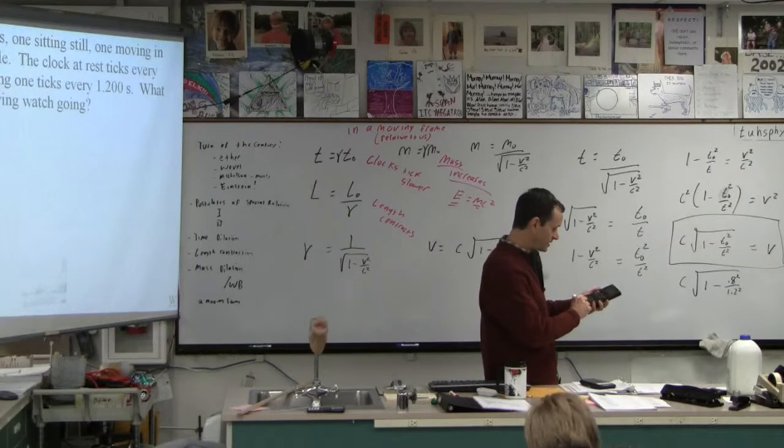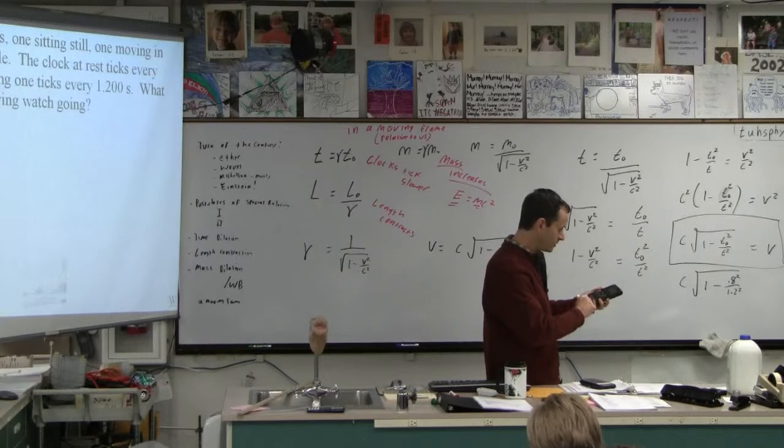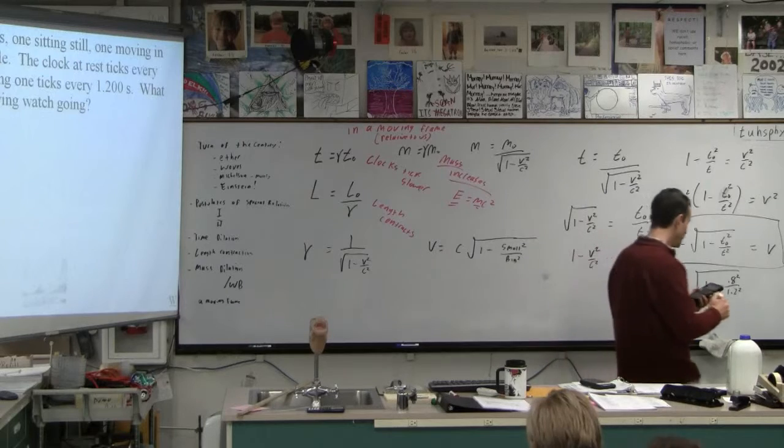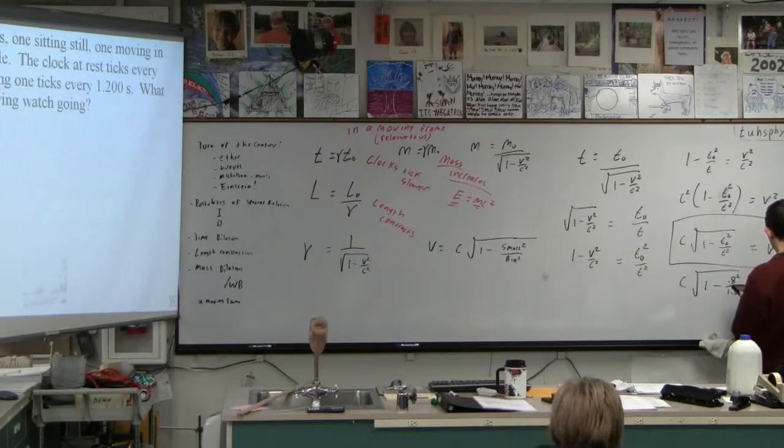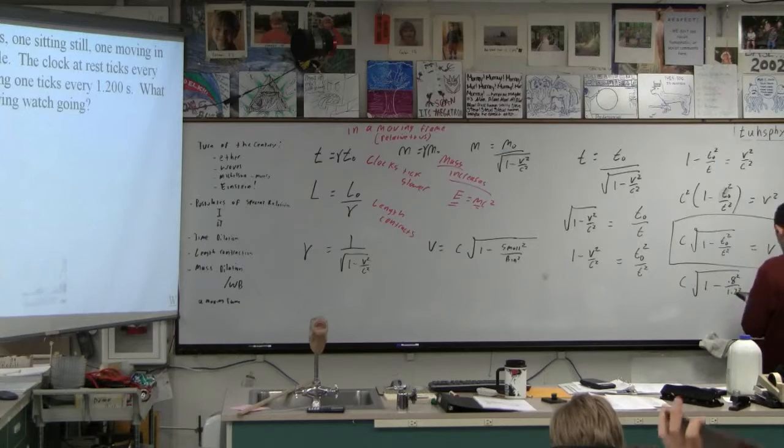1 minus 0.8 squared divided by 1.2 squared. Don't you get 0.745 c? Right, or how many sig figs do we have? Oh, we've got a lot. We got 3 sig figs, so it's 0.745. Yeah?